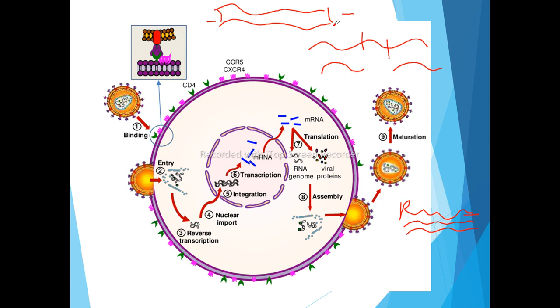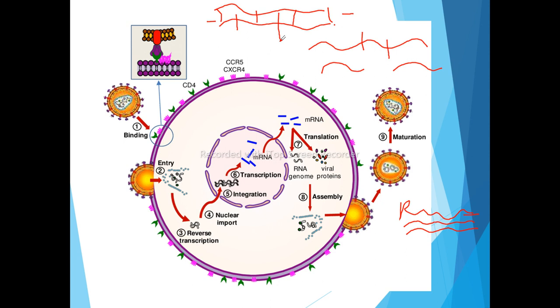It has 3 genes. The first gene is the GAG gene. This GAG gene produces the P24, the P27, and the P17 proteins. Then we also have the pol gene, which produces the 3 enzymes: reverse transcriptase, protease, and integrase.